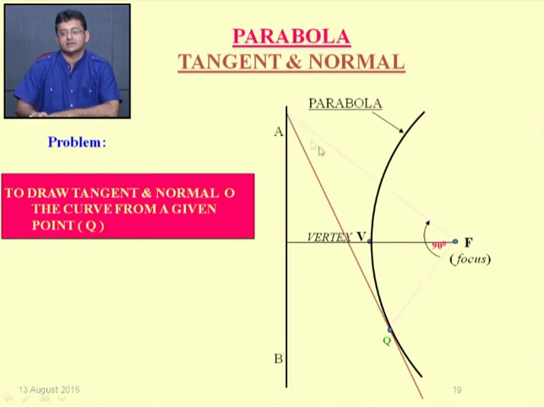If you extend this line, it intersects the directrix. You name this as T. Now join TQ so that it is a tangent to this curve. And at 90 degrees from this tangent you can get the normal.